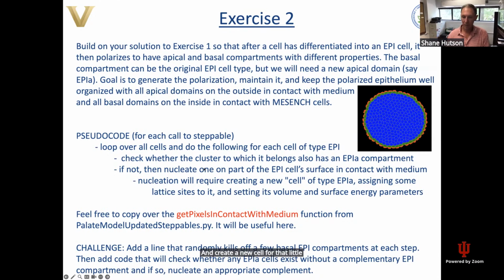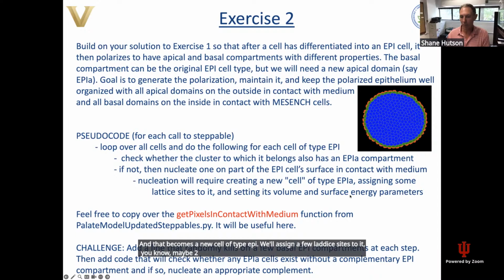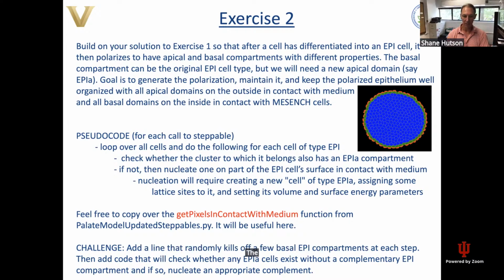You can do it as small as 1 pixel or 1 lattice site, but usually it works better to have a slightly larger area, maybe a 2 by 2 pixel area that you nucleate. That becomes a new cell of type epi-A. We'll assign a few lattice sites to it, set its volume and surface energy parameters, and it will then grow and expand out and become the apical compartment of the cells.